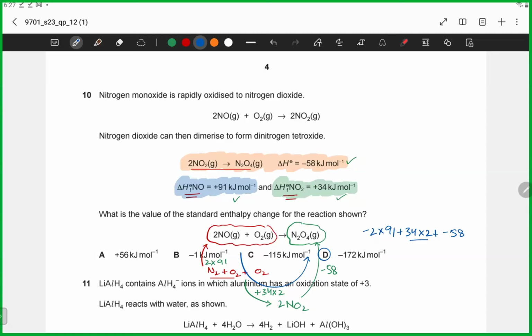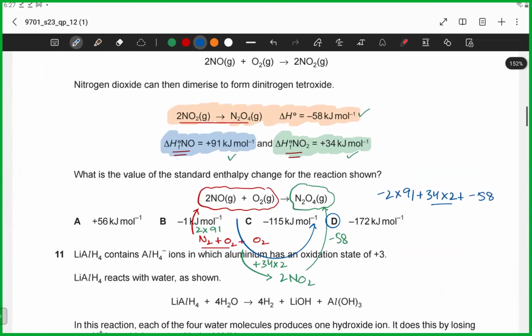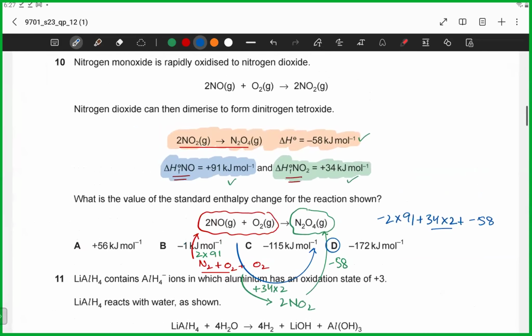Is this clear? Yes, sir, it's clear. Remember, Hess cycle questions are slightly difficult, so you have to do a lot of trial and error, okay? If they hadn't given us this, you could have used the formula: enthalpy of formation of products minus the enthalpy of formation of the reactants.